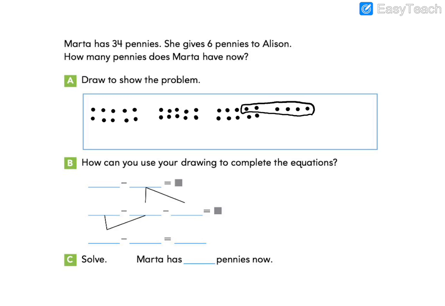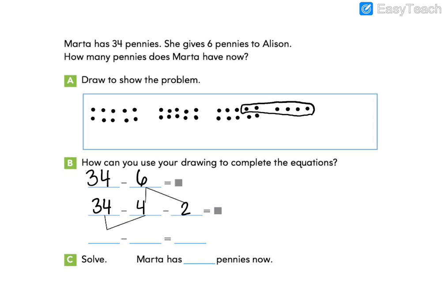Now let's complete our equation. Marta has 34 pennies. And she's going to give 6 away. When I break up 6, I see that there's 4 and then 2 more once I get to the tens. Subtract the 4 first, and then I'll take the 2 away from the tens number.